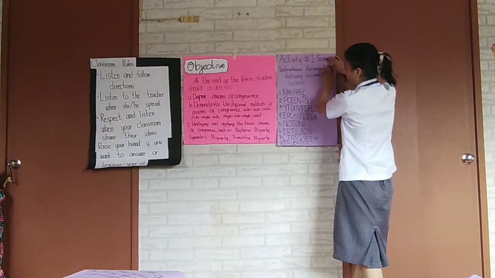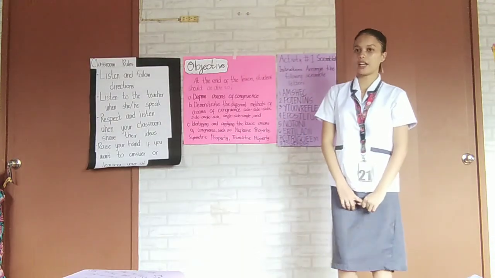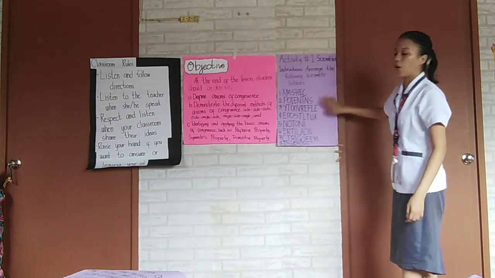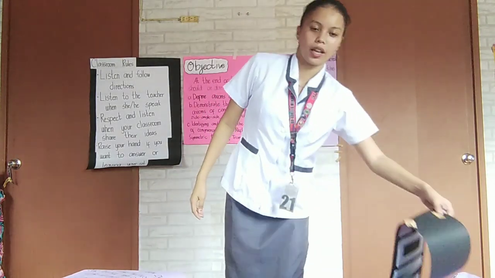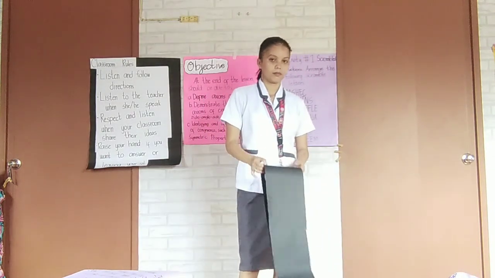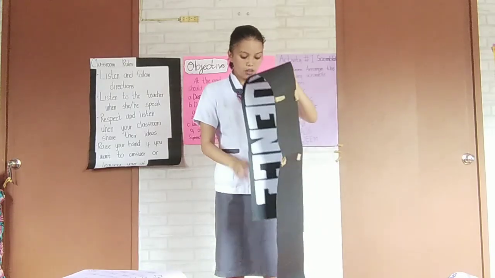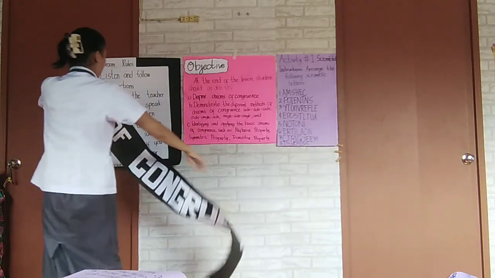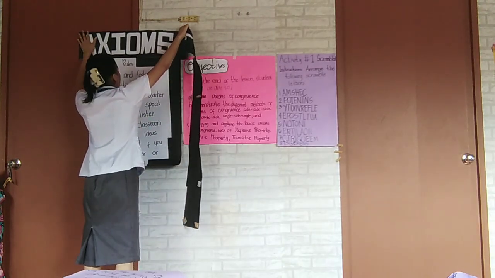You may now start. Okay, are you done? Okay, so what do you think our next topic for today? Miss Ribolius? Okay, thank you. So our next topic for today is all about axioms of congruence.